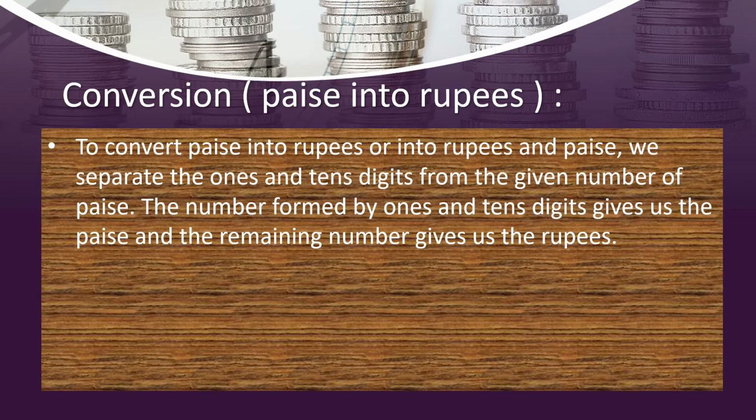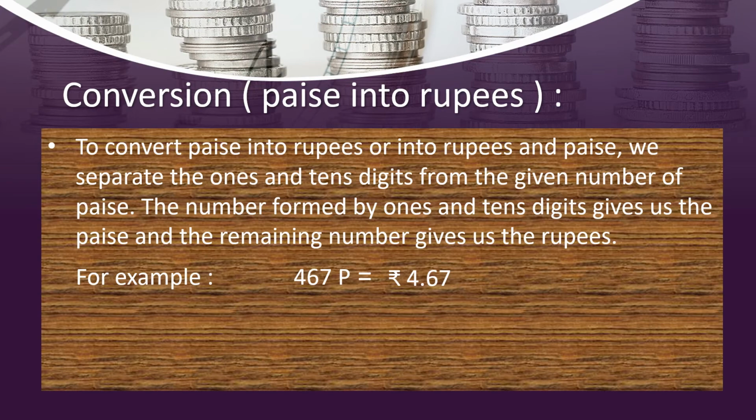To understand this better, let's take an example where I have 467 paise. I separate the ones and tens digits, that is 7 and 6 respectively. The 6 and 7 become the paise, and 4, the remaining number, gives me the rupees. That is, I get rupees 4.67.